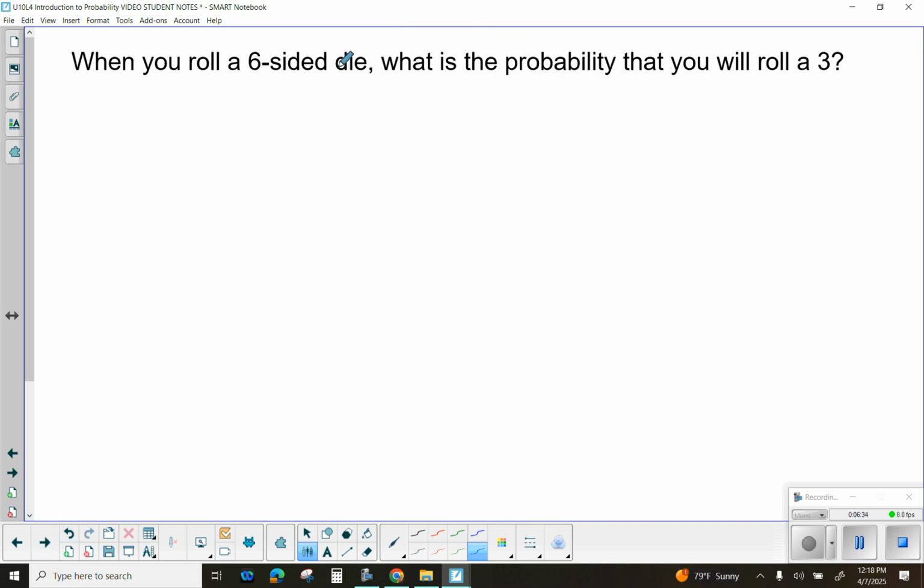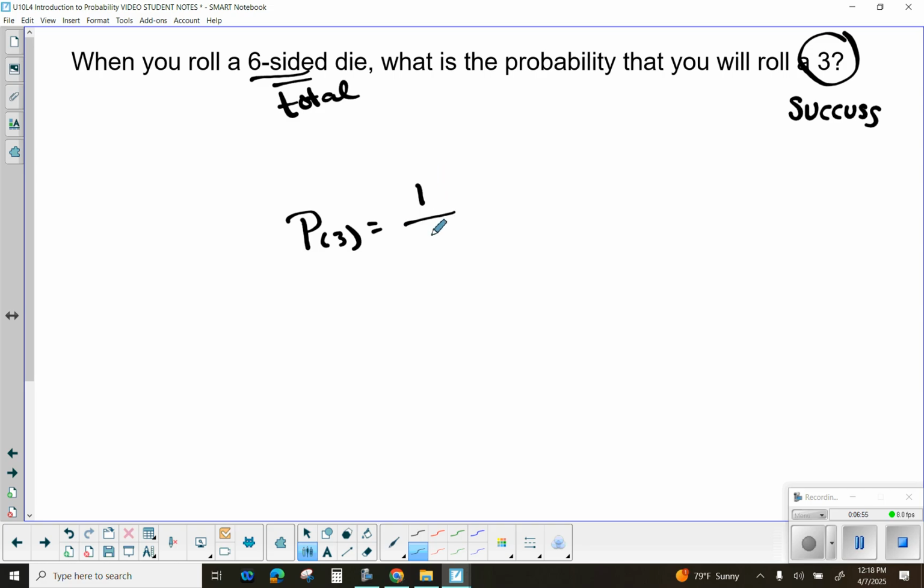So here we are. We have a dice. It's got 6 sides on it. What's the probability that we roll a 3? So this is our success, and the dice has 6 sides total. Well, there's one side that has a 3, and there's 6 sides total.